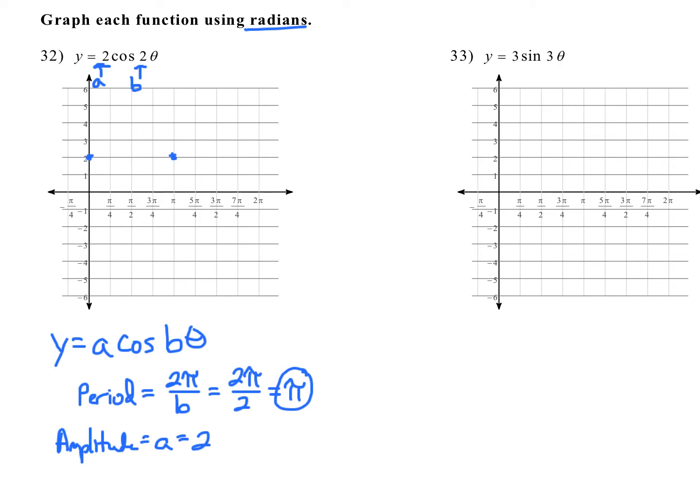Then right in the middle of that, at pi over 2, is going to be our negative amplitude. And our zeros are at the halfway points between those two. So we have a 0 at pi over 4, and a 0 at 3 pi over 4. Then we can continue this pattern on as many times as we want.